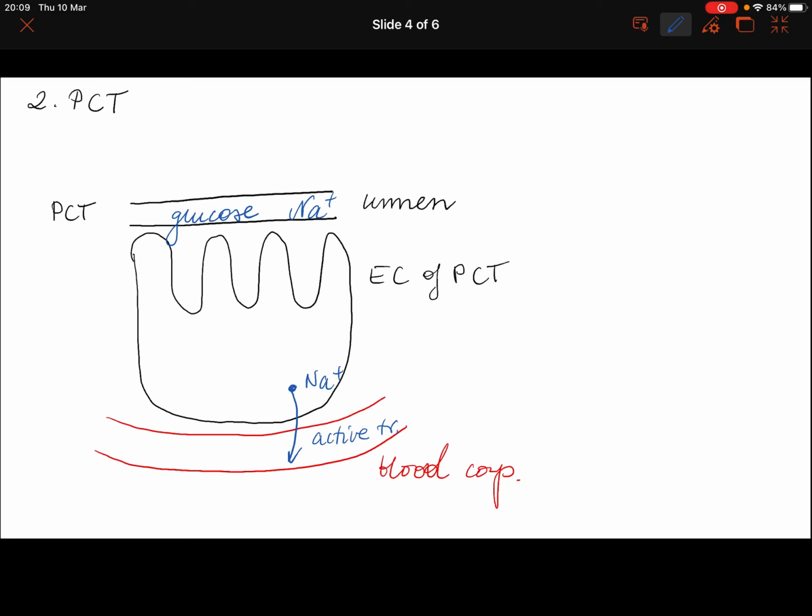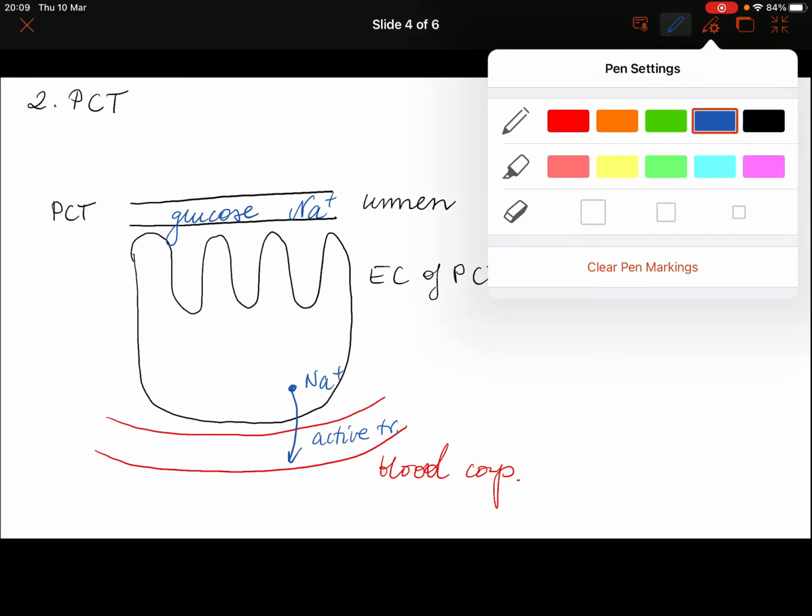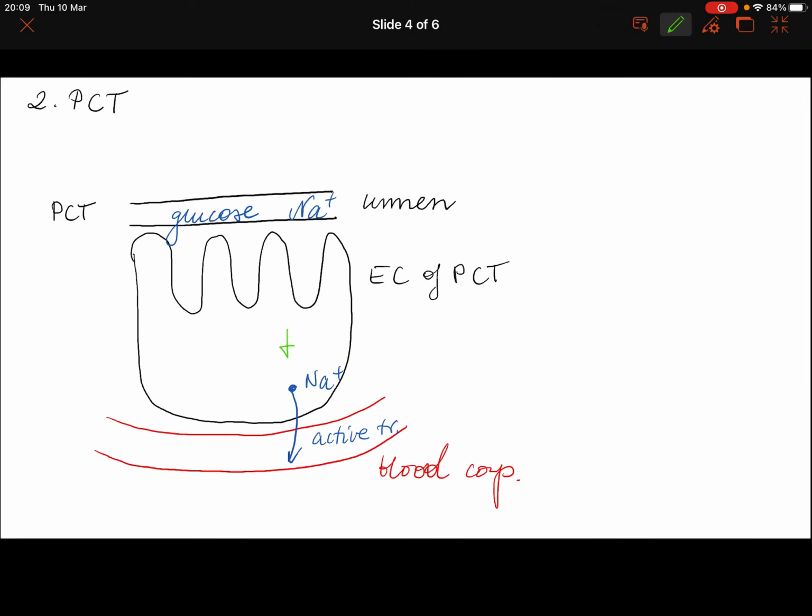Transporting sodium ions away from the epithelial cell of the proximal convoluted tube lowers the concentration of sodium ions here, meaning we have now maintained a diffusion gradient for the sodium, because in the lumen we've got higher concentration of sodium ions than in the epithelial cell, because of course active transport of those took place.